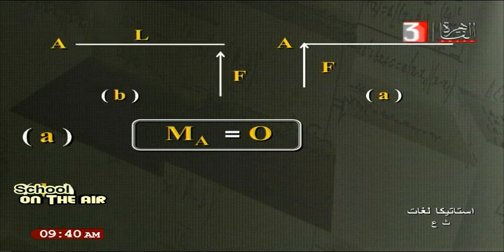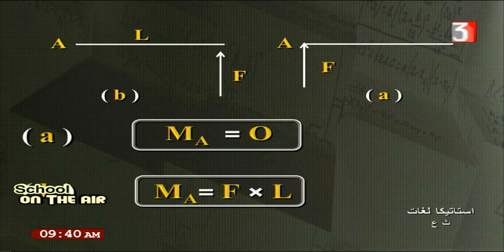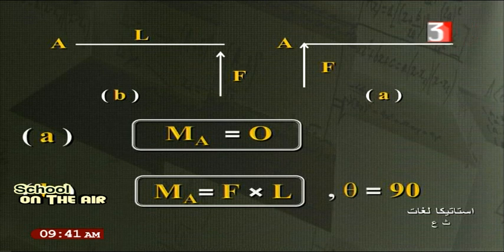Number B, the moment equals F times L. Don't forget, my dear student, the moment about a point equals the magnitude of the force multiplied by the distance L. Remember, theta equals 90, and cosine 90 equals 0, but sine 90 equals 1.